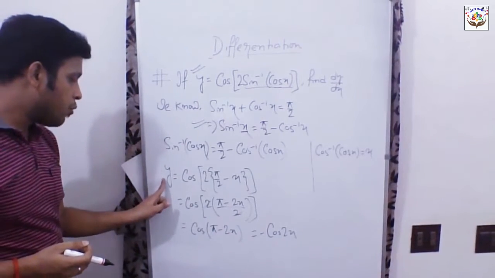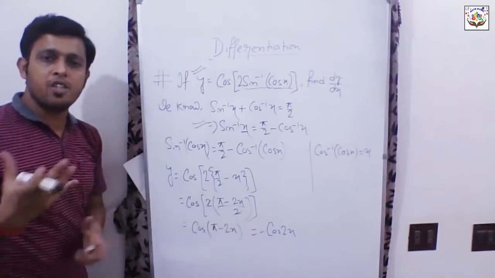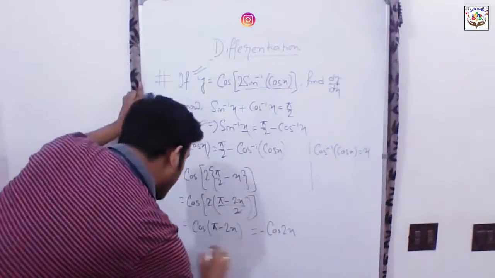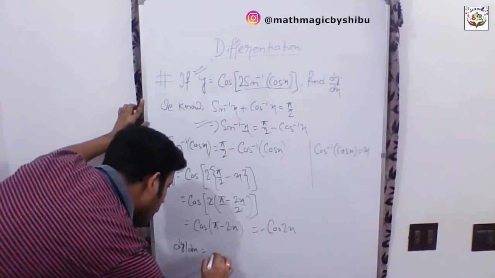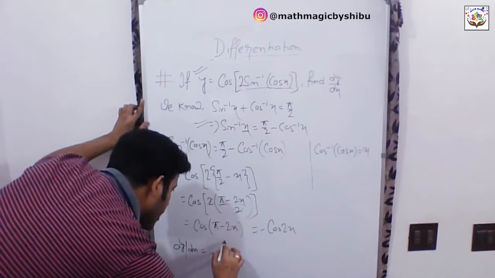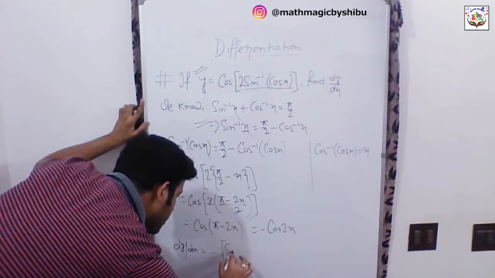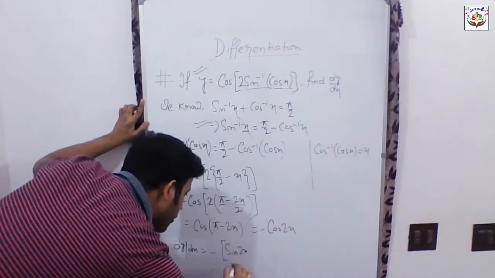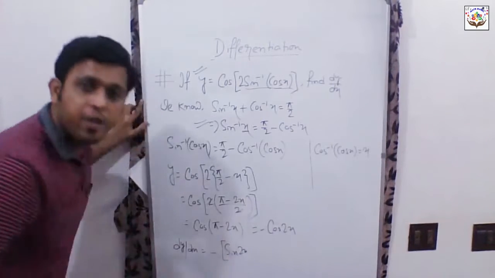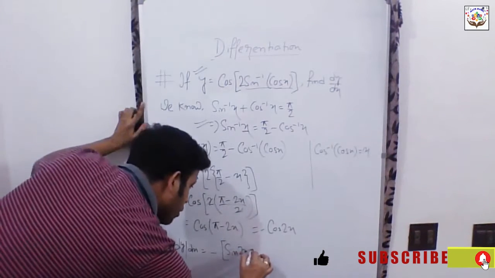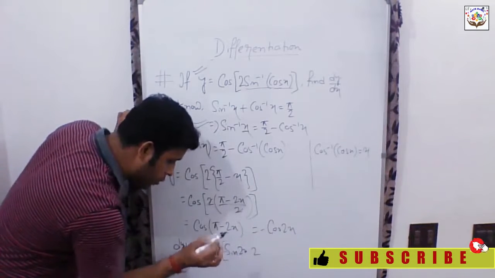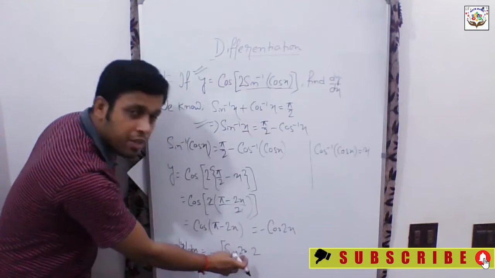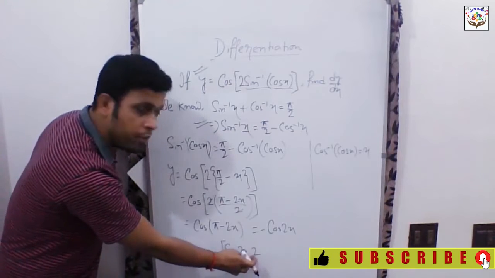Now we need to differentiate y equals minus cos 2x with respect to x. So what will we get? We will get dy/dx equals minus derivative of cos 2x is sin 2x, and we need to again differentiate 2x with respect to x. Sorry, the differentiation of cos 2x is actually minus sin 2x, and again we need to differentiate 2x, which will be 2.